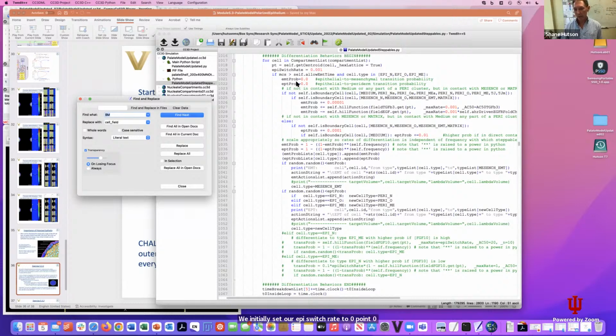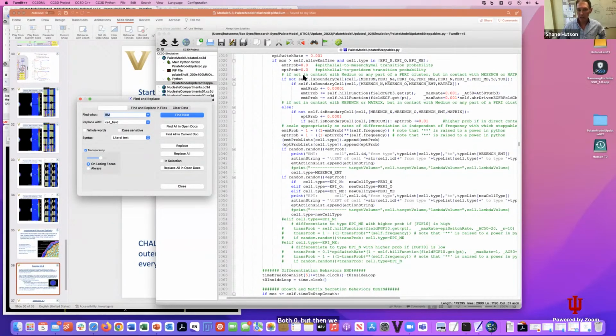We're going to build all of these up based on probabilities. We either make the probability a little higher or a little lower, depending on conditions, and then we evaluate what's going to happen based on the probabilities. So we start out with 0 probability for either of these kinds of transitions, either epithelial to mesenchymal or epithelial to periderm, both 0.